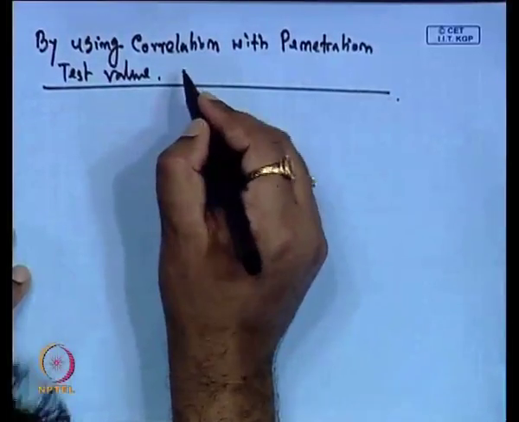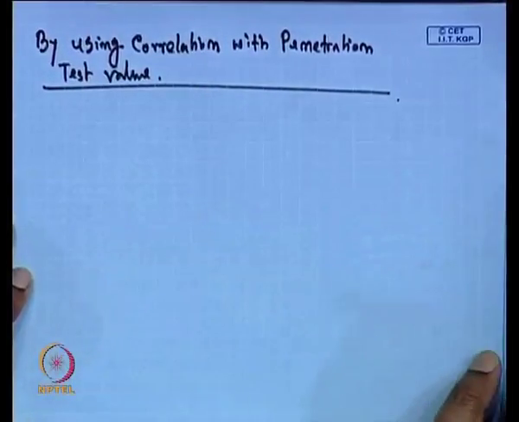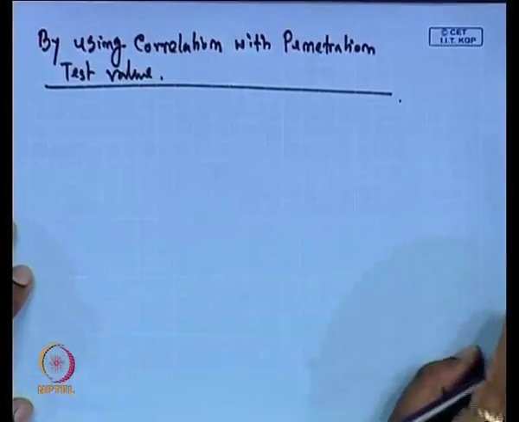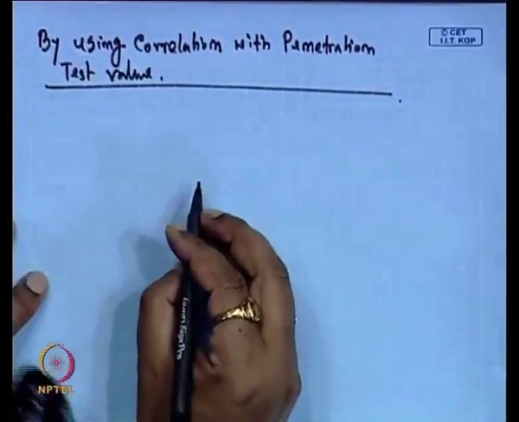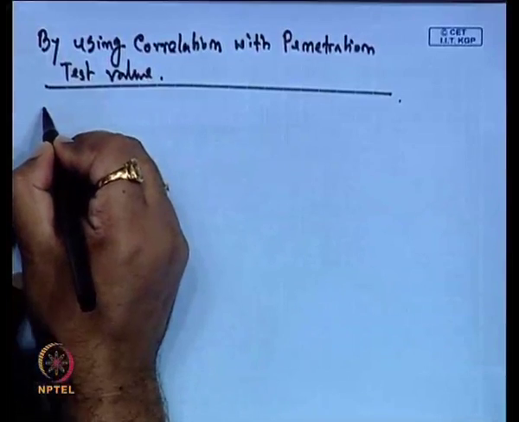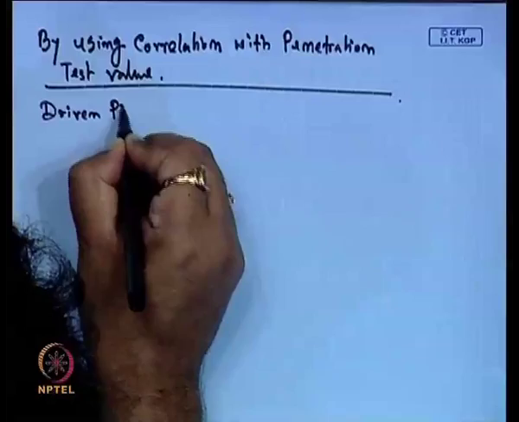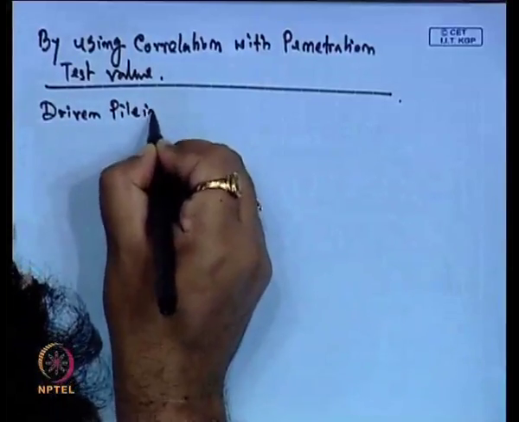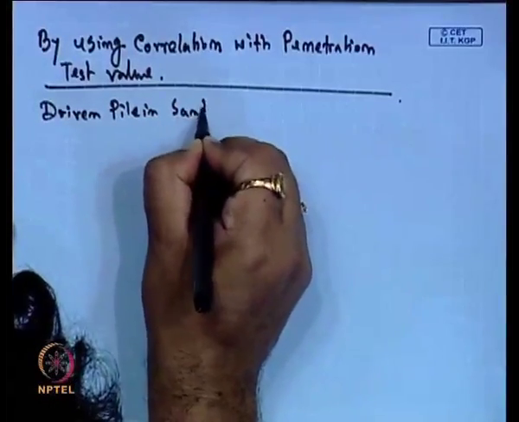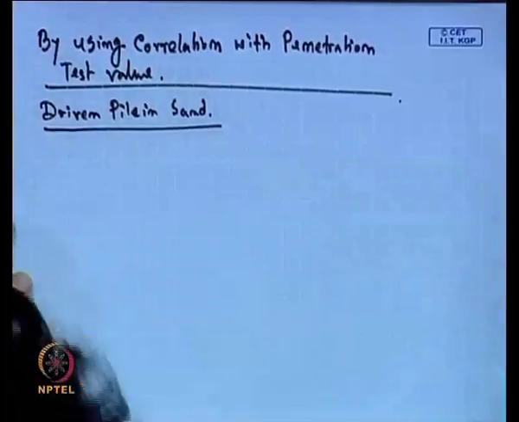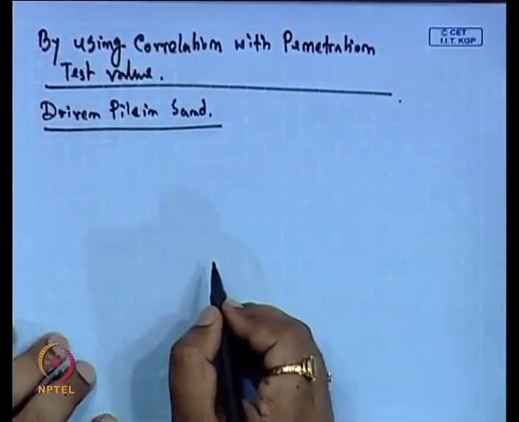That means, by SPT or CPT value we can determine the pile load carrying capacity of the pile. Now, first we will give it for the driven pile in sand.